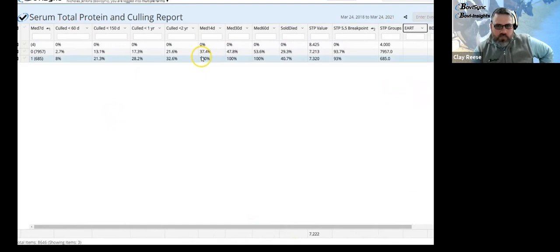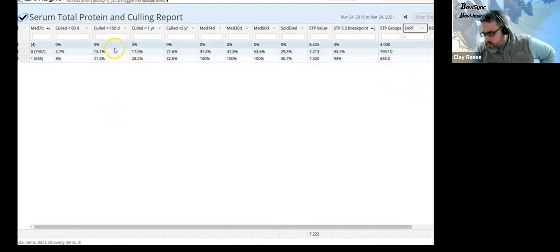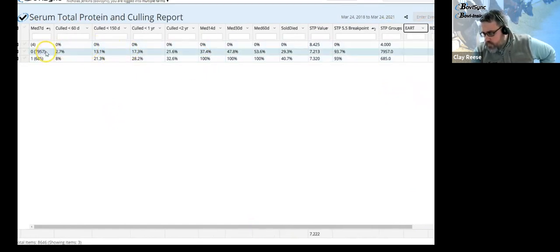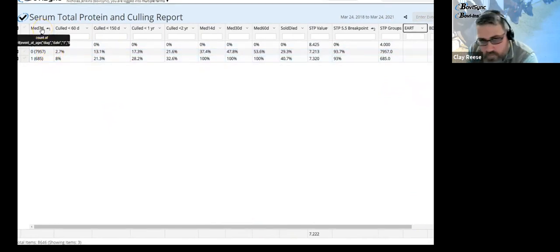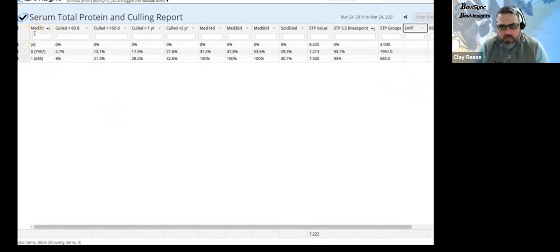Okay, now that we can see this a little bit better, what we're looking at here, this 0 and 1, it's based on this formula that's just saying, did this animal have a medical diagnosis in the first 7 days of life? Yes is a 1, no is a 0.